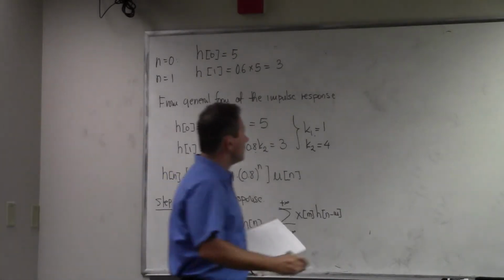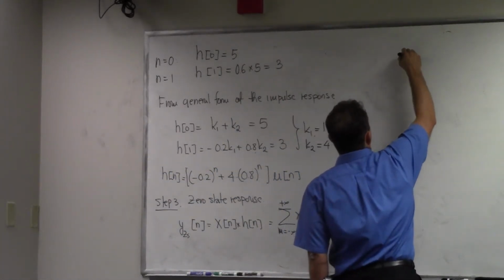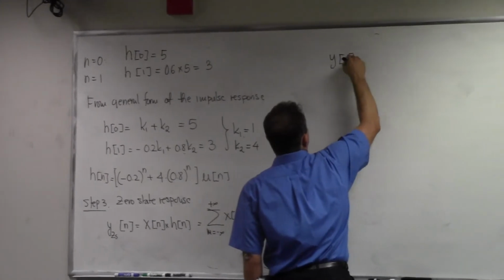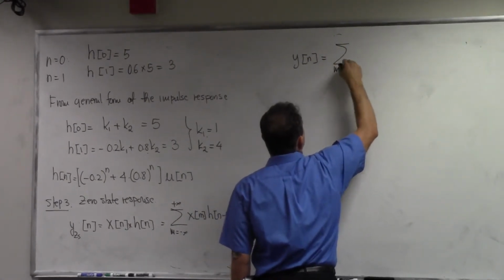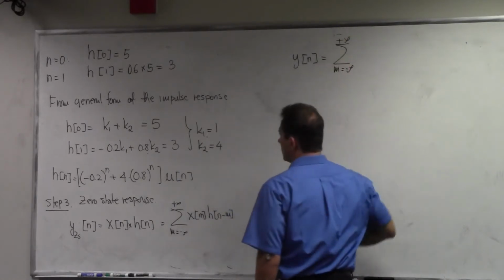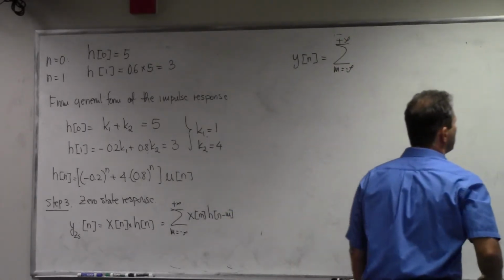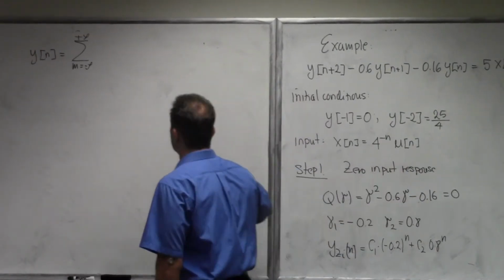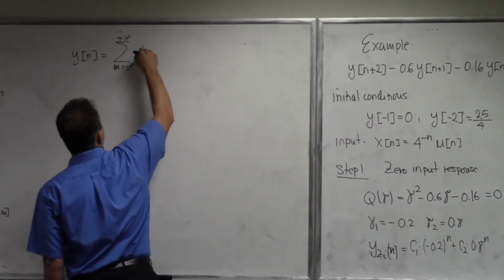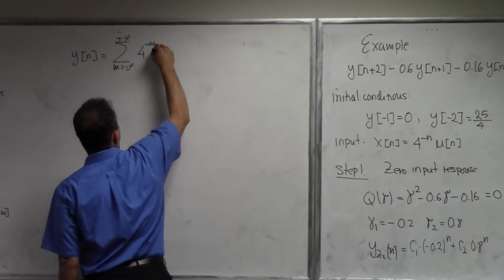So, if I substitute here, y of n is equal to the sum, m goes from minus infinity to plus infinity. What is my x of n? X of n is this thing here, but I just need to substitute m for n.